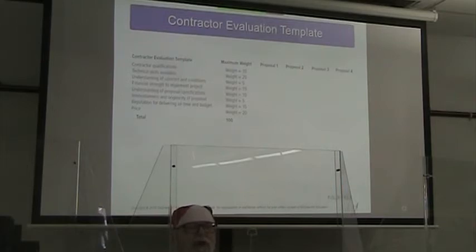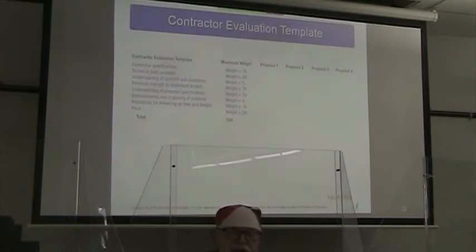So on there we might have contractor qualifications, technical skills available, understanding of contract and conditions, financial strength, whether or not they'll be able to implement the project, understanding of proposal specifications, innovativeness and originality of the proposal, a reputation for delivering on time and budget, and of course, the price.